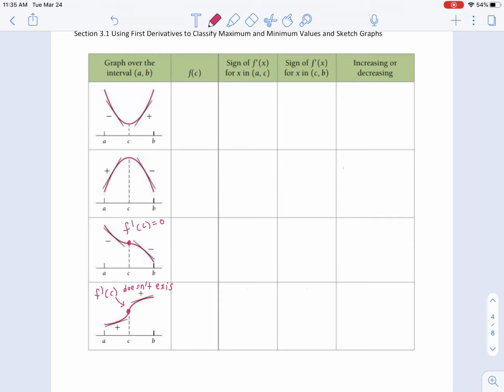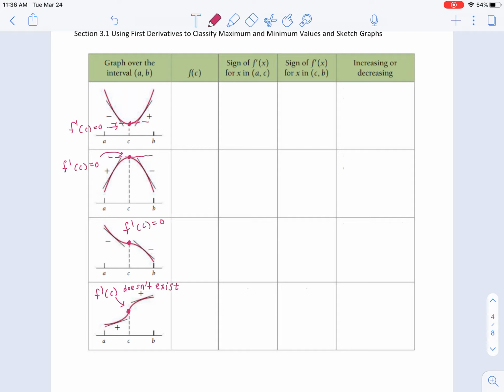Why? Because it's going to have a vertical tangent. What about these two, though? The derivative at that point right there will be 0. So this is where f prime of c equals 0, and this is another case where we're going to have a horizontal tangent. So the derivative at that point is also going to be 0.